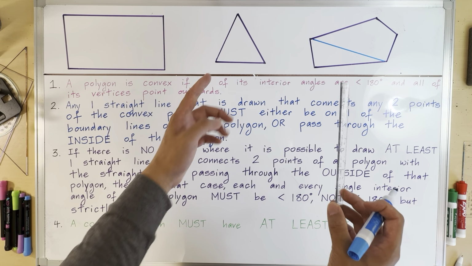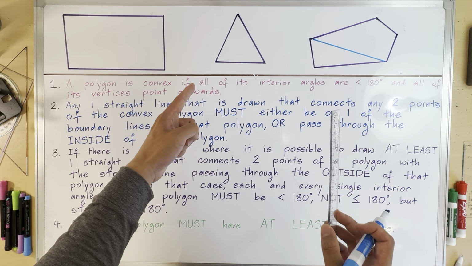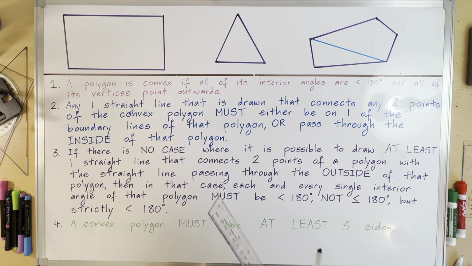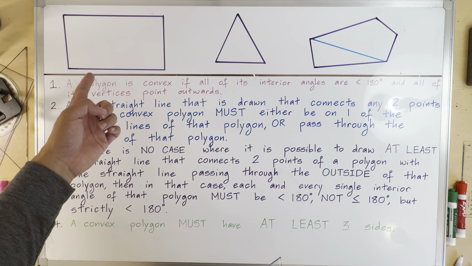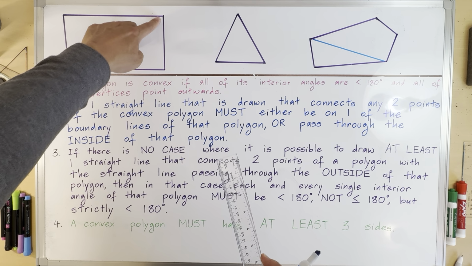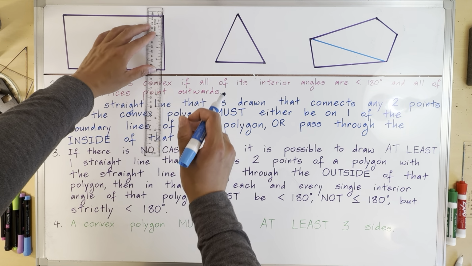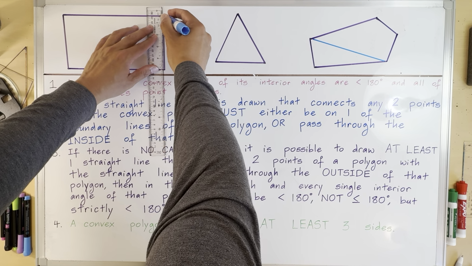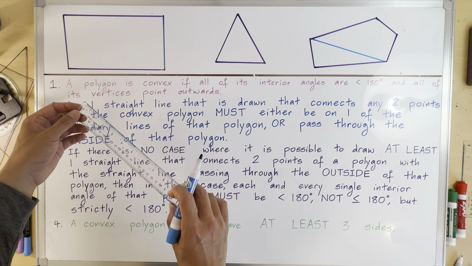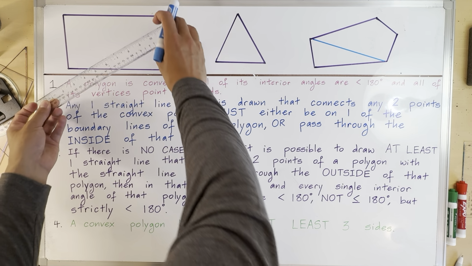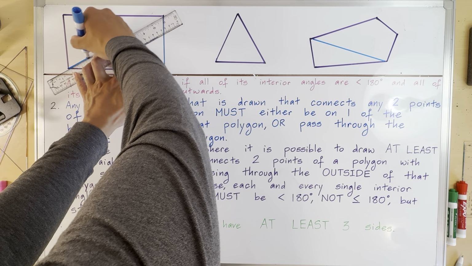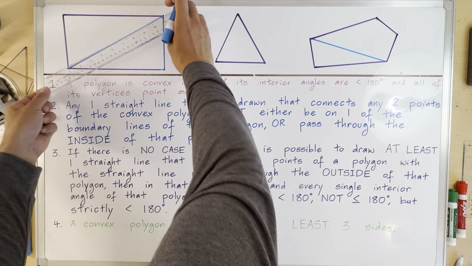It is directly on one of the 3 boundary lines of the triangle. And same with this quadrilateral right here. If I were to connect this point to this point, well, the line will directly be on the boundary line of that polygon. Or if I were to connect, let's say, this point to this point, it officially passes through the inside of the polygon.